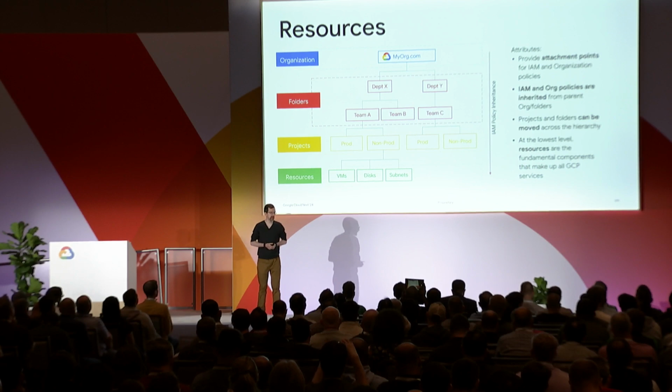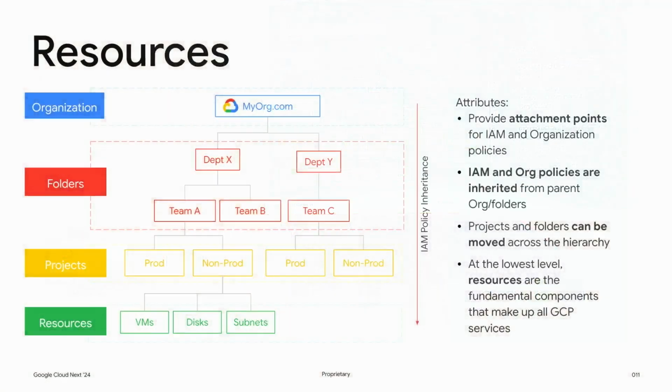And then finally, we have resources themselves. So resources are things like VMs or networks or any type of object within Google Cloud. And these resources then form a hierarchy with projects and folders and organizations.